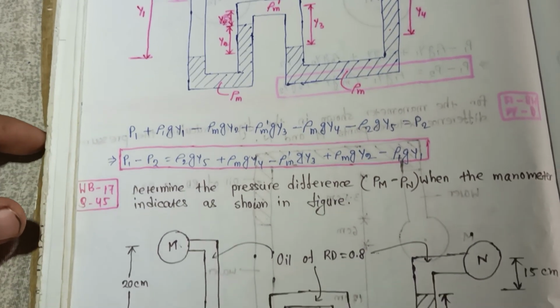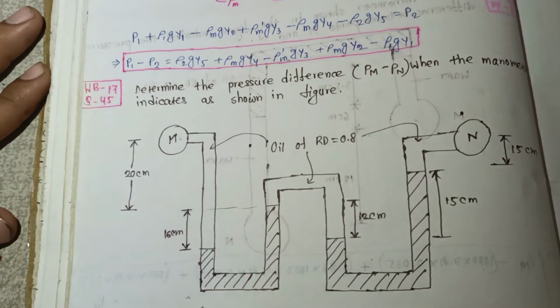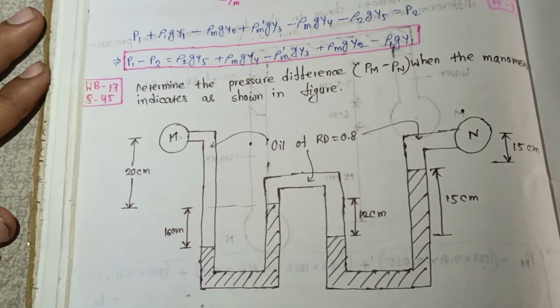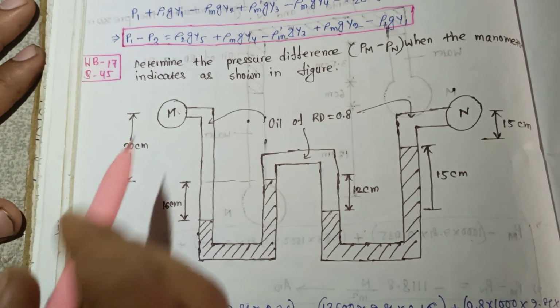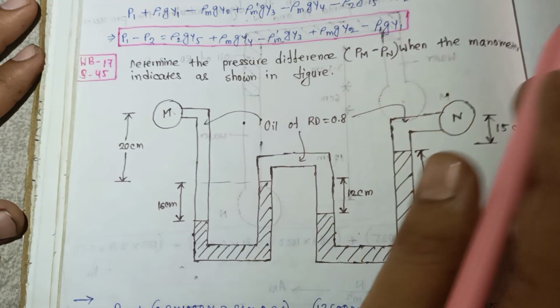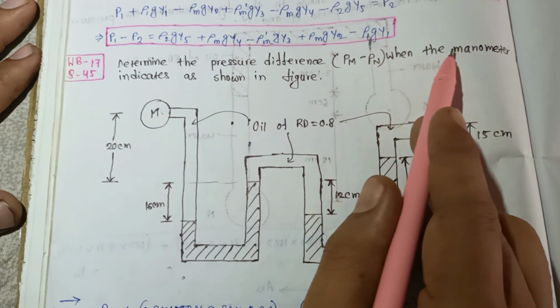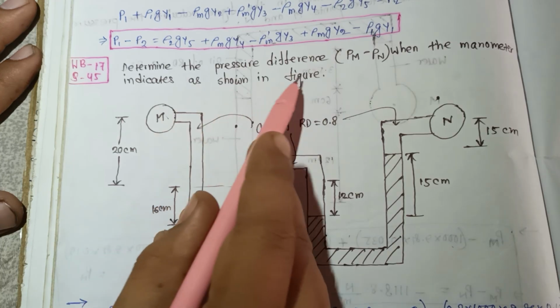Now let's try to solve one problem using the multi U-tube manometer. Determine the pressure difference Pm minus Pn when the manometer indicates as shown in the figure.